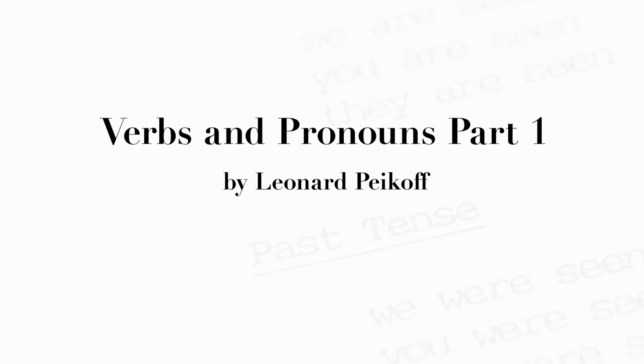An action completed in the past, I had eaten by 5 yesterday, is called the past perfect. And if you want to put it in one word, that is also called what? The pluperfect, P-L-U. Past perfect or pluperfect.